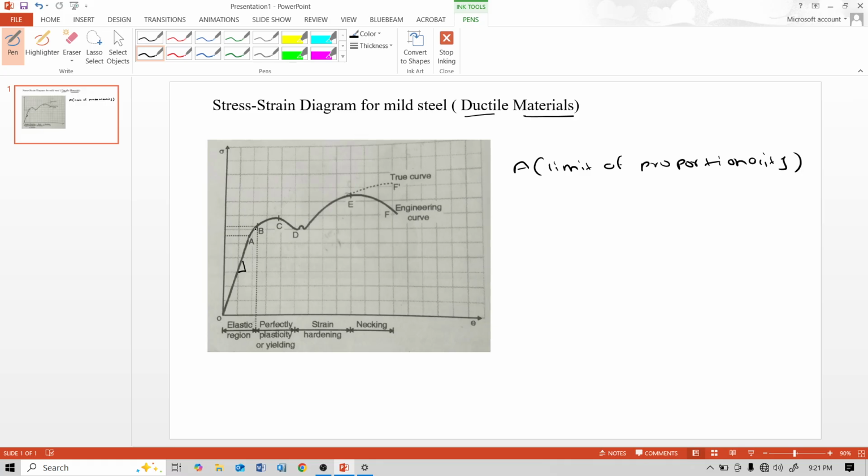This point B is called the elastic limit. At point A, the curve deviates from the straight line, and the stress strain graph from A to B is non-linear.